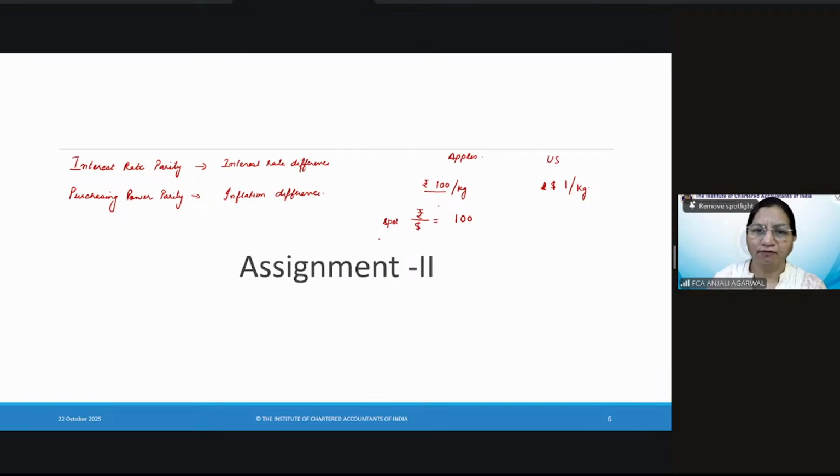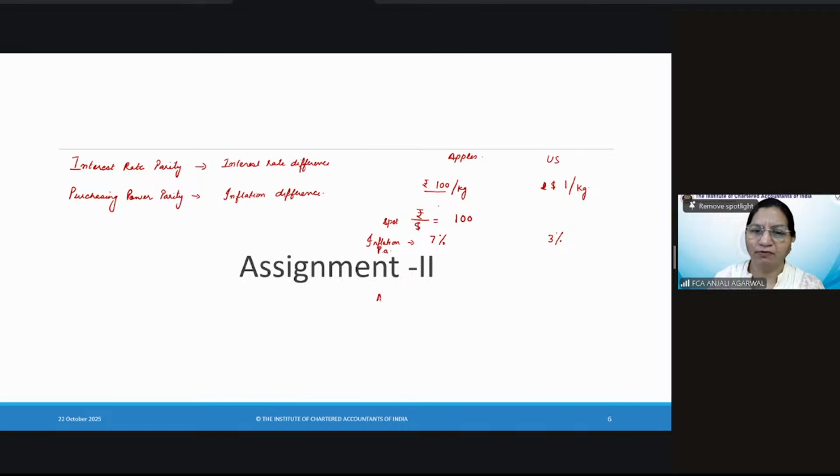Now, if the inflation in India is, let's say, 7%, and the inflation in US is, let's say, 3%. So the same apples, which were costing 100, let's say, per annum.